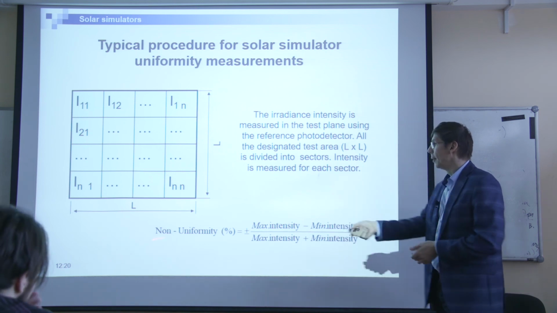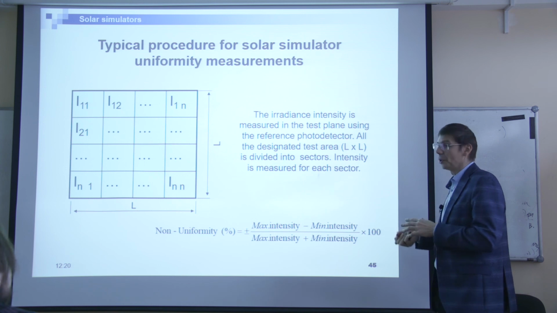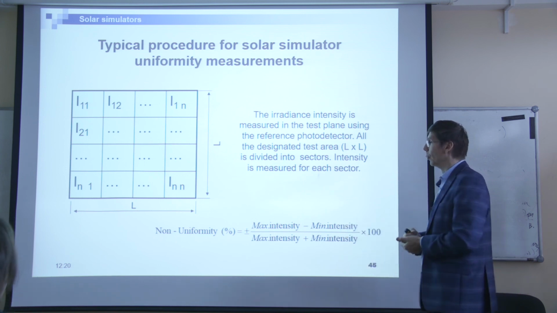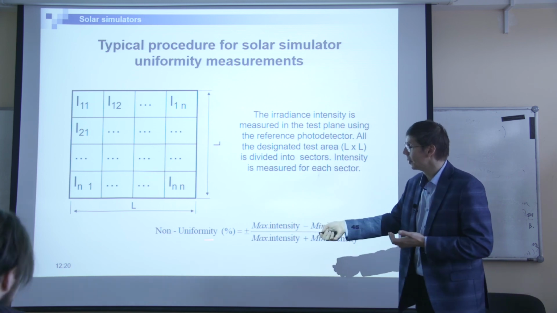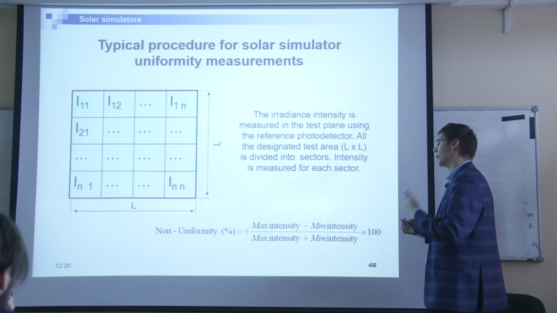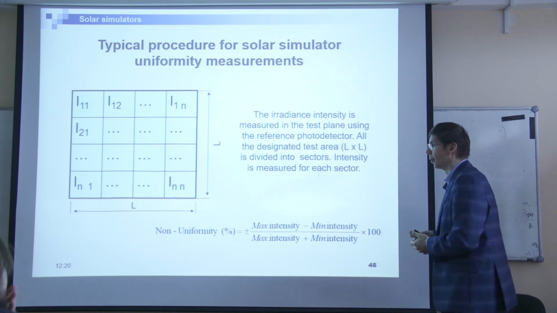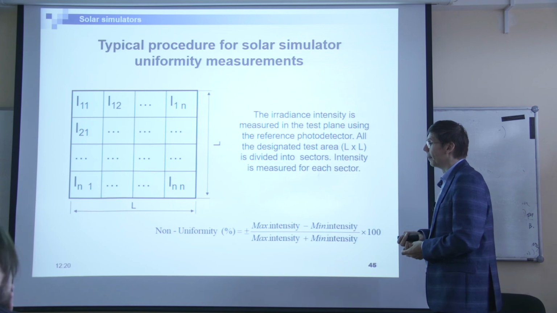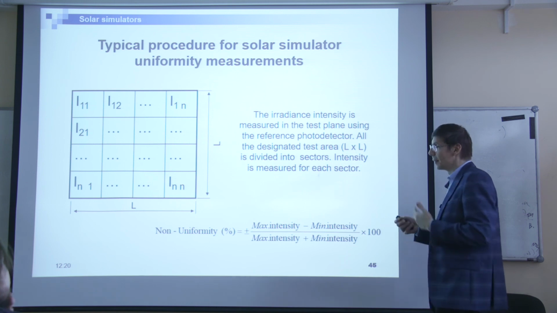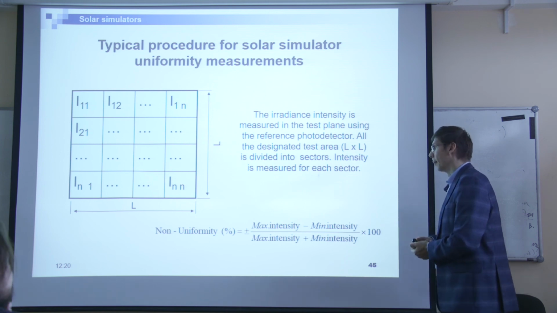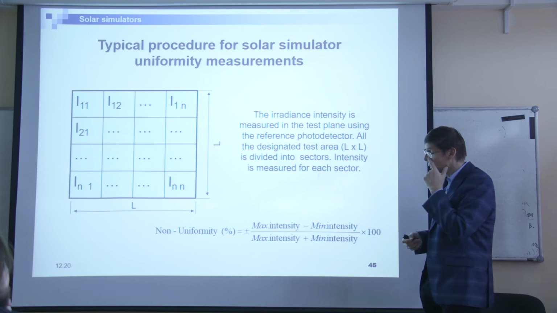And then you use the known equation, as I already demonstrated, to control the non-uniformity. And if this value is not good enough, for example the producer says that the simulator should give you 2% non-uniformity, and it's 5% non-uniformity, you can have a look at how to proceed to adjust the uniformity, because normally there is some procedure, but it should be described by the manufacturer.